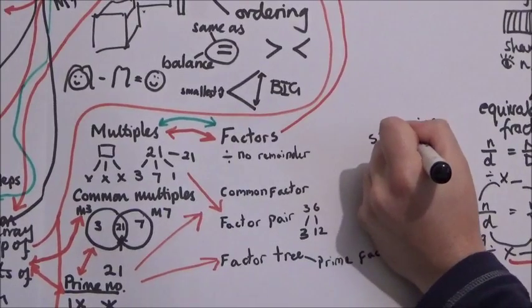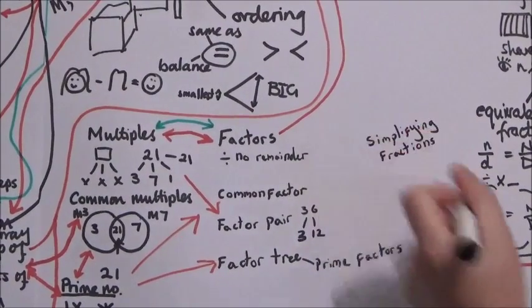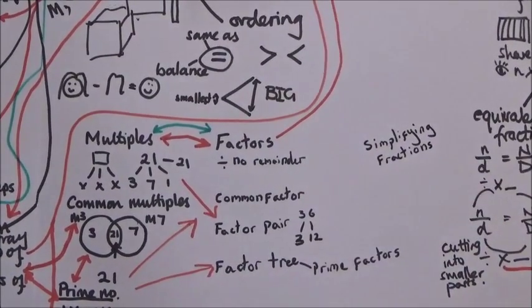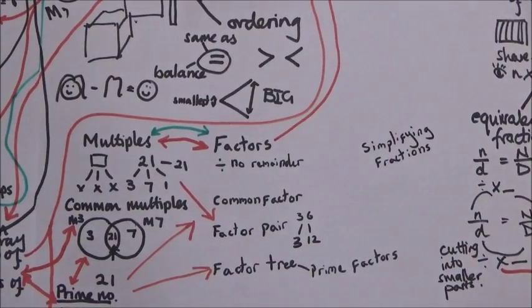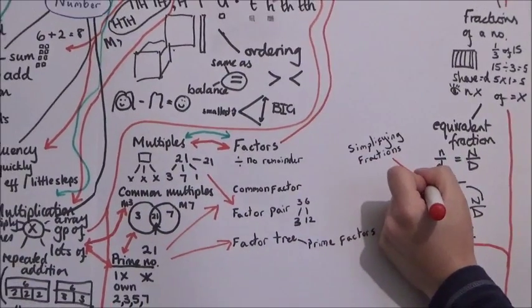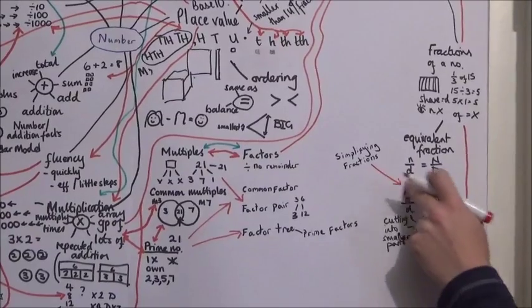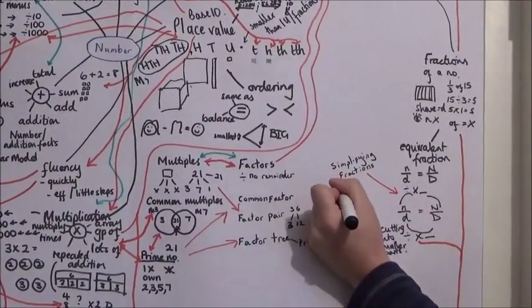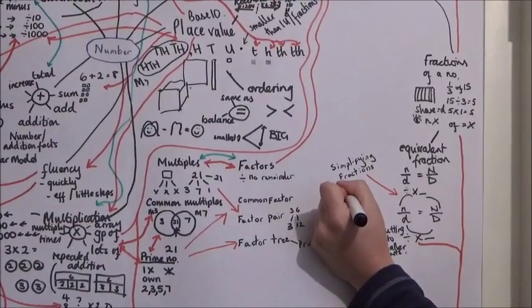And if you remember, simplifying fractions, actually I'm not going to need to write a massive amount here because all we need to do is really link this information to other information that we've had before. So I'm going to be linking it to our equivalent fractions here because here we were dividing. I am going to write that simplifying fraction means a fraction in its simplest form.